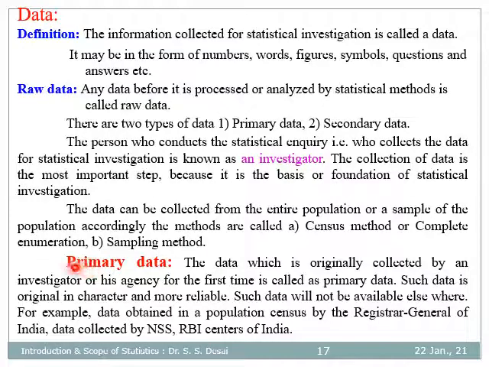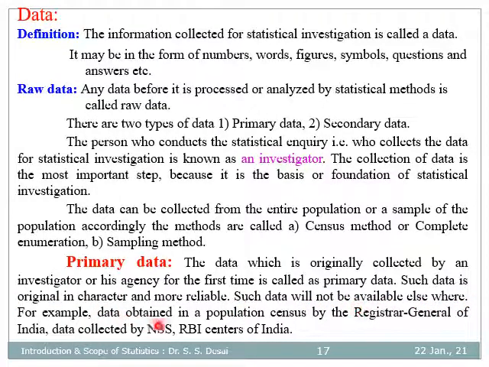Let us see about primary data. The data which is originally collected by an investigator or his agency for the first time is called primary data. Such data is original in character and more reliable. Such data will not be available elsewhere.